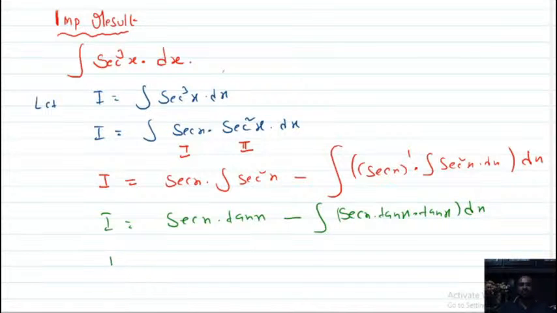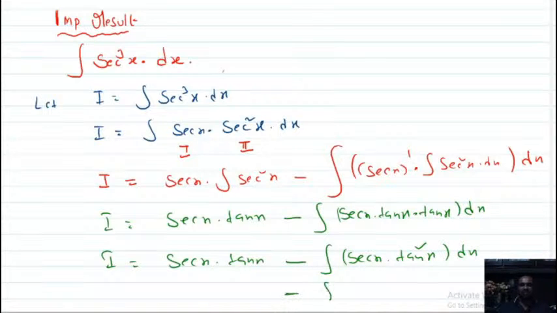So what I can say here is I is equal to secant x into tan x minus the integration of secant x into tan square x dx, or the integration of secant x into secant square x minus 1 dx.